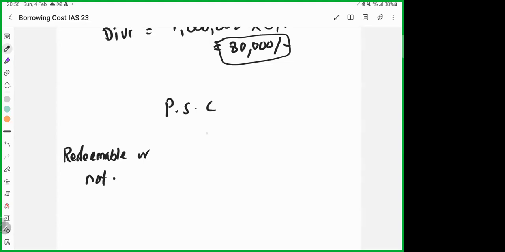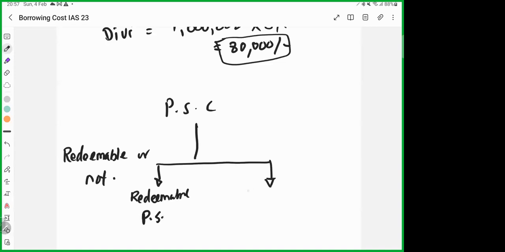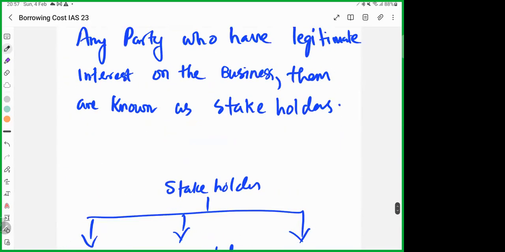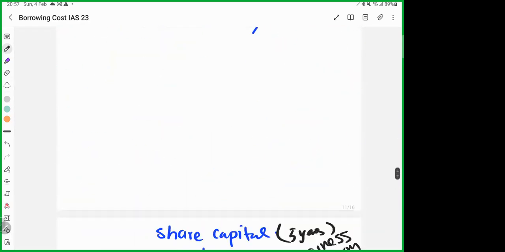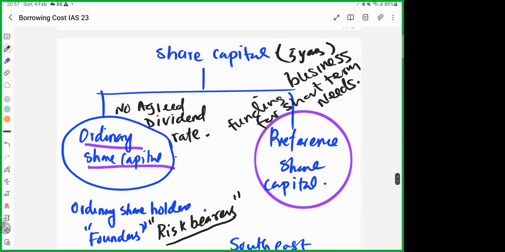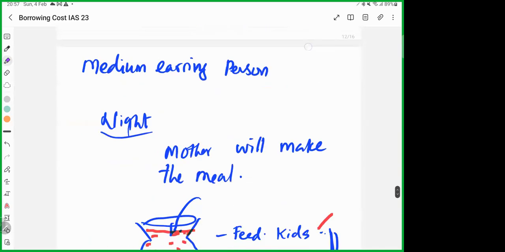So based on that, I could categorize the preference share capital as redeemable preference shares and irredeemable. What is the meaning of this? Redeemable preference share means like the same example I wrote here. After 5 years, what will happen? After 5 years, they will return the funds. See here? The agreement.